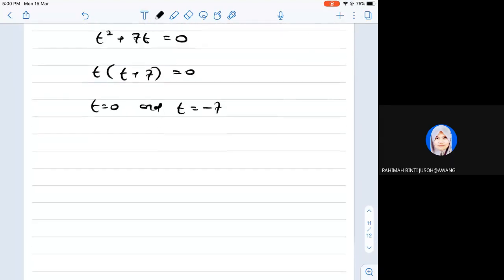There are two values of T. So just substitute. Substitute T equals to 0, and then substitute T equals to negative 7.